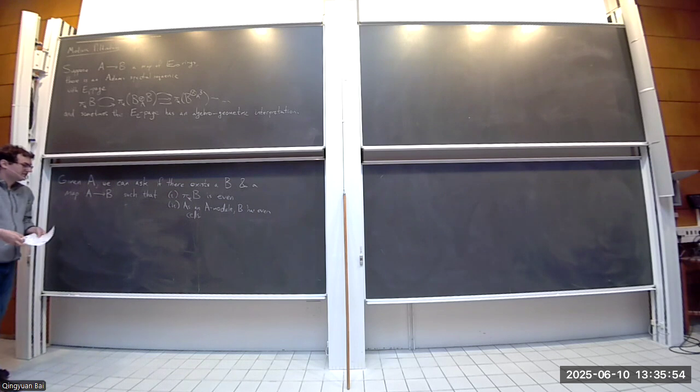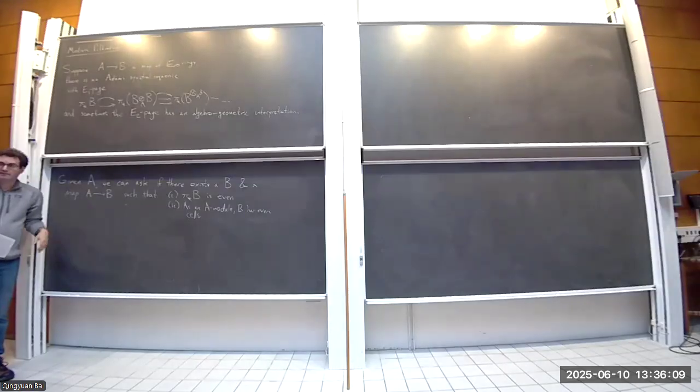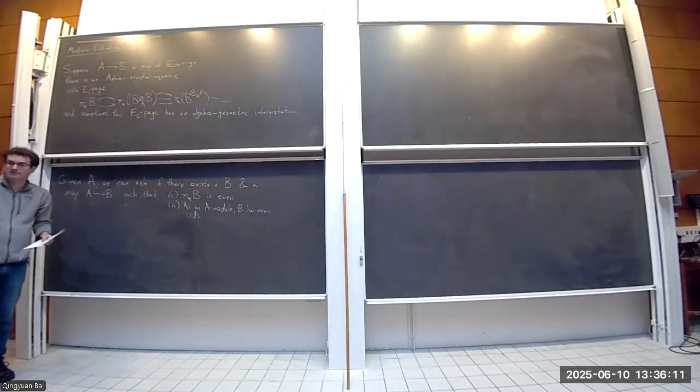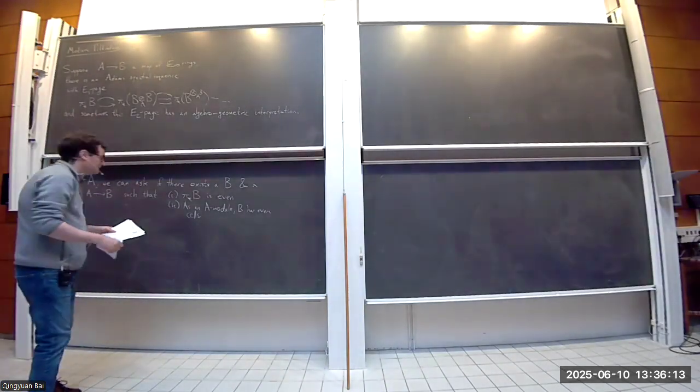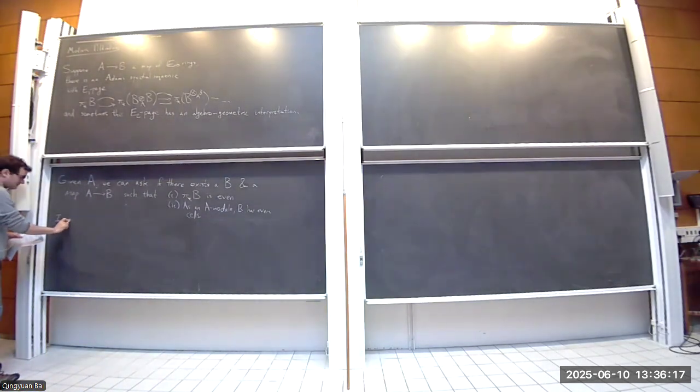So this map equips me with the structure of an A module, and I want to be able to obtain B from A in that category of A modules by attaching cells that kill odd dimensional homotopy groups. In other words, even cells.